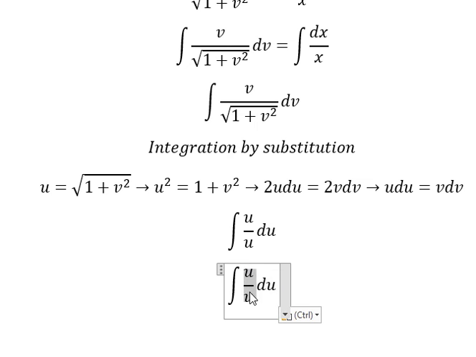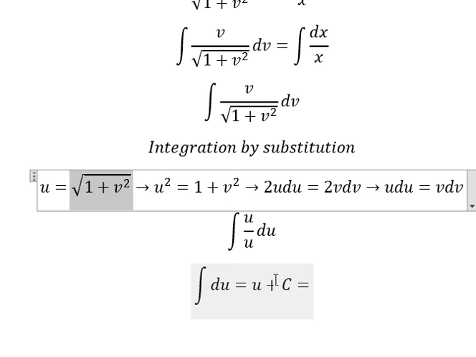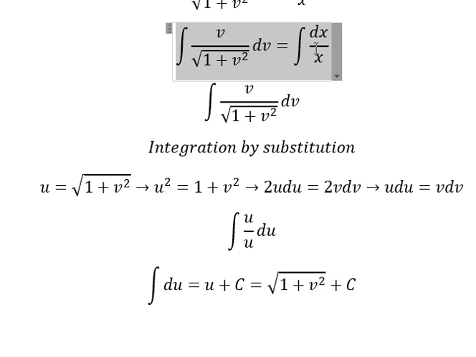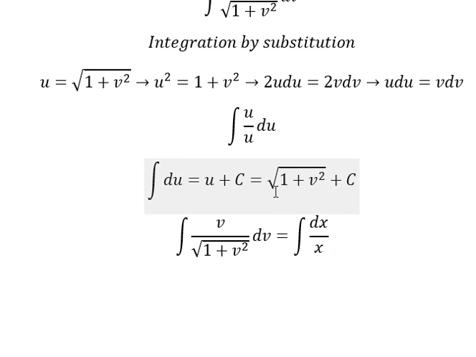This one we have number 1, and the integration of u, we have u. About u, that is about this one. Now we go back in here. So the integration of this one, that is about this one.